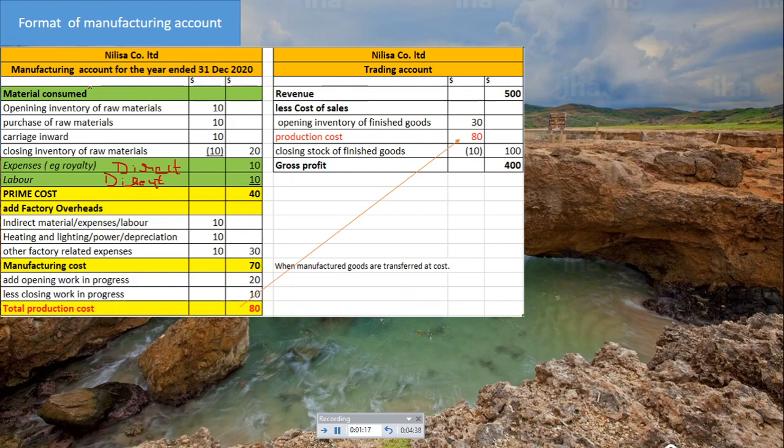So you have material consumed at 20, and then there are direct expenses 10. For example, royalties are direct expenses. Then direct labor 10. You add this up, you get 40. This 40 is called the prime cost.